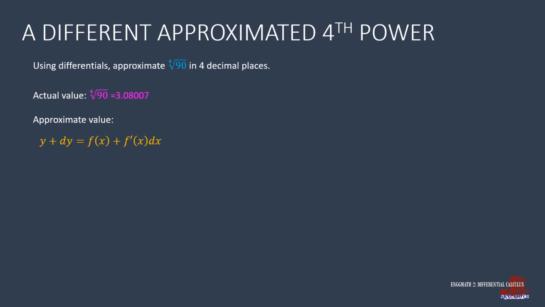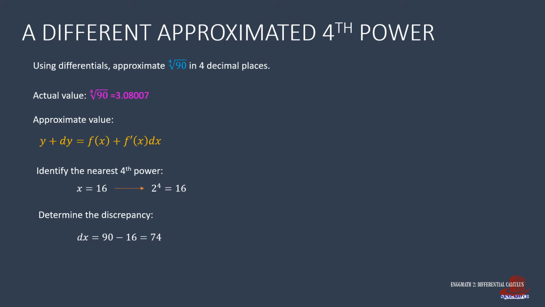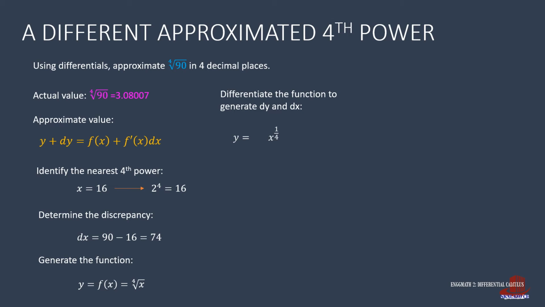What if the base root taken was somewhat far from the premise? Say the identified fourth power is 16, coming from 2 raised to 4 as 16. The discrepancy which needs to be adjusted for this case is 74. The function y, which is f of x, is the fourth root of x, and this is differentiated to generate dy and dx.